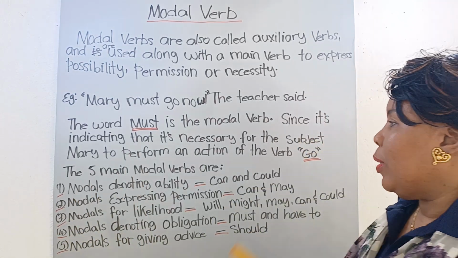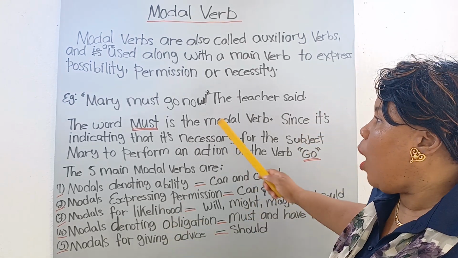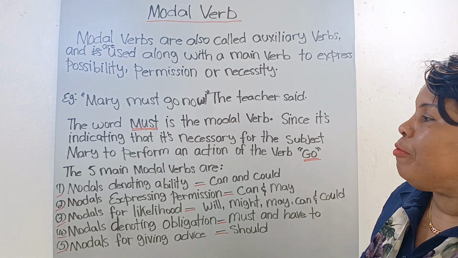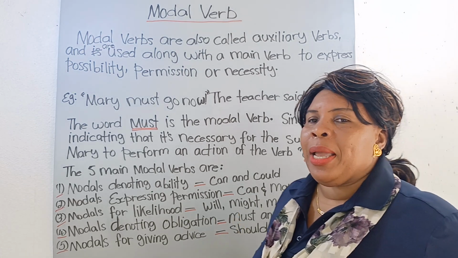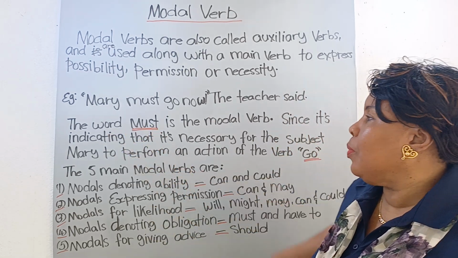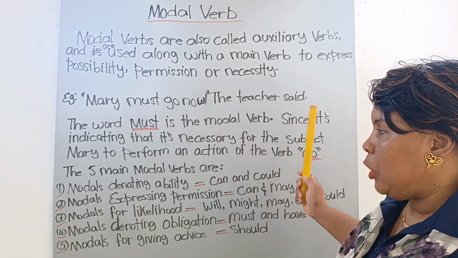So that is the example of how one should or could use a modal verb. I hope I made it very clear to you. The sentence reads, Mary must go now, the teacher said.